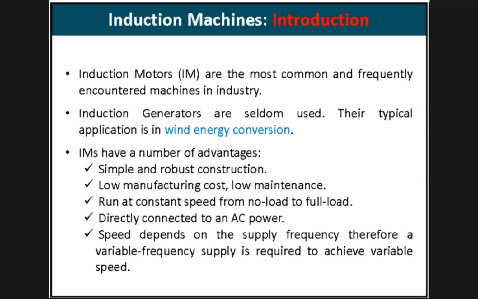Induction motors are the most common and frequently encountered machines in the industry. Induction generators are seldom used. Their typical application is in wind energy conversion. Otherwise mainly we use induction machine as a motor.